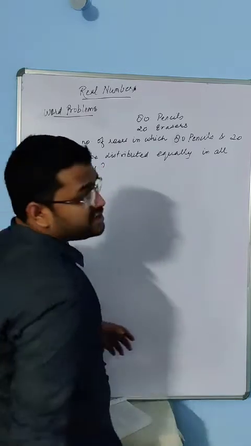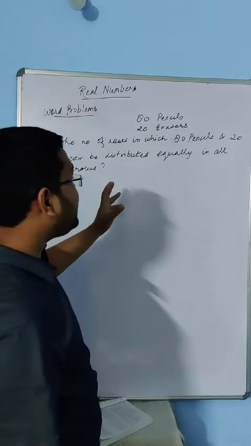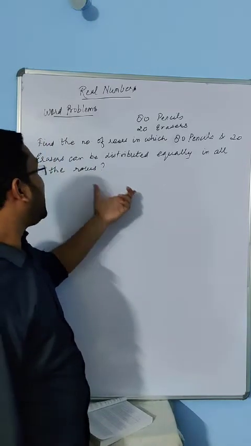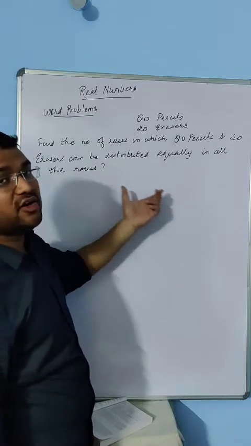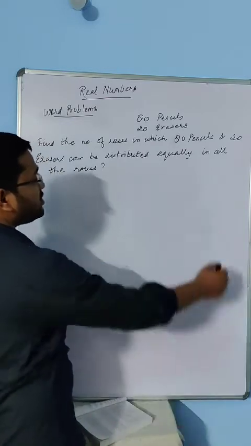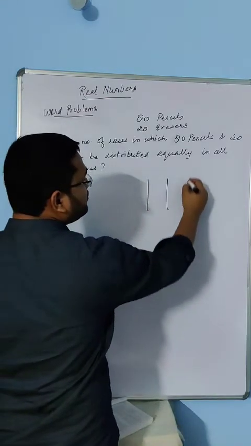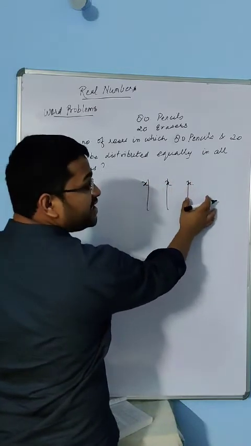So the question says, try to understand the question first. Find the number of rows in which 80 pencils and 20 erasers can be distributed equally in all the rows. It means, suppose in each row you have X number of erasers, then it should be X number in each row.